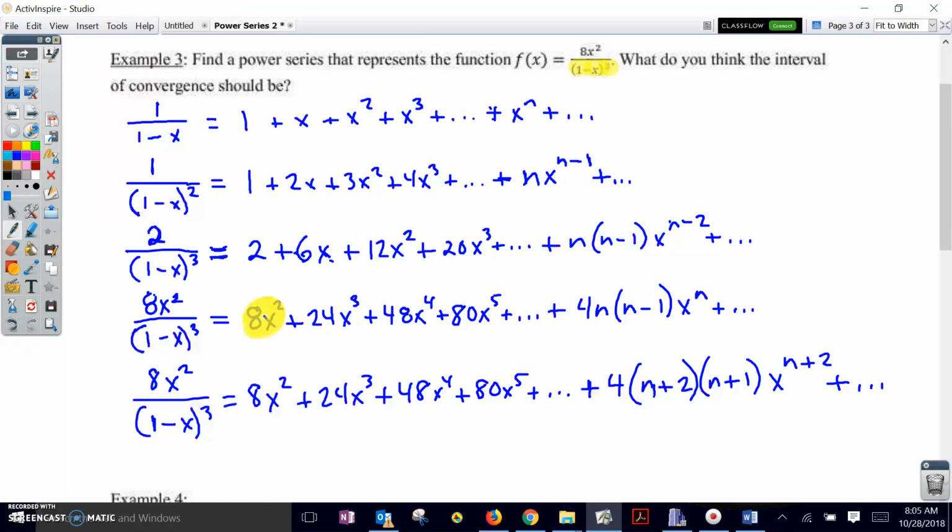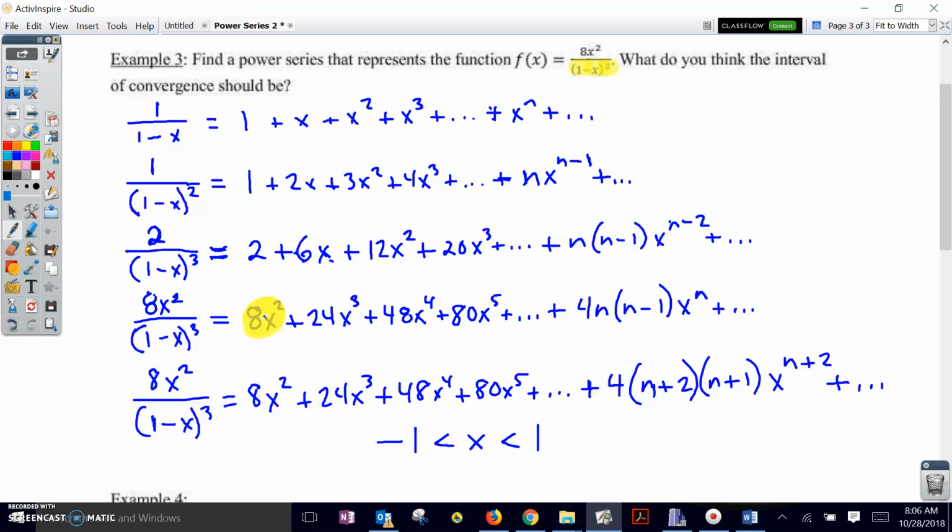Now, as far as the interval of convergence, the original was from -1 to 1. And every time I take the derivative, it's still going to be an interval of convergence based off of that. And multiplying the numerator by something, again, doesn't change the interval of convergence. So I expect that the interval of convergence for this is going to be from -1 to 1.